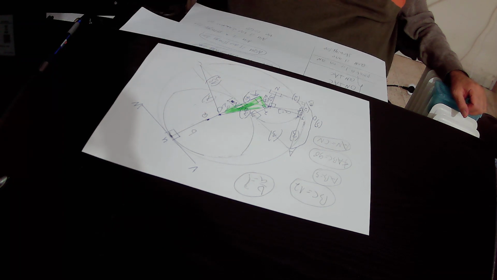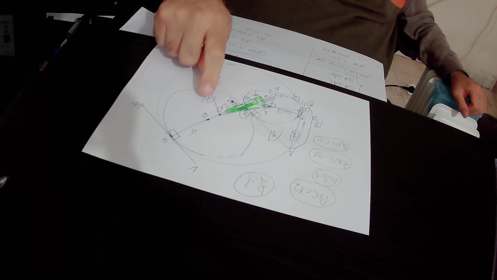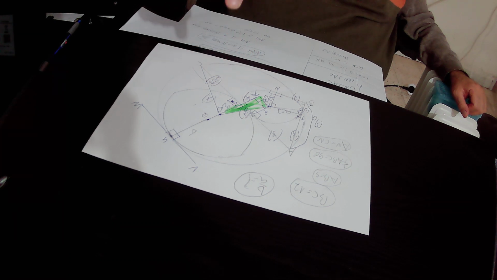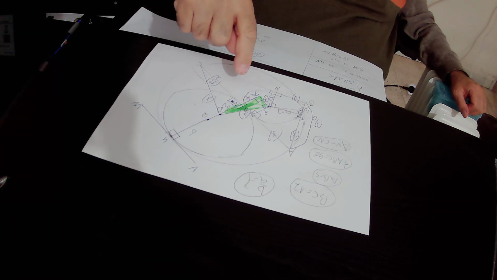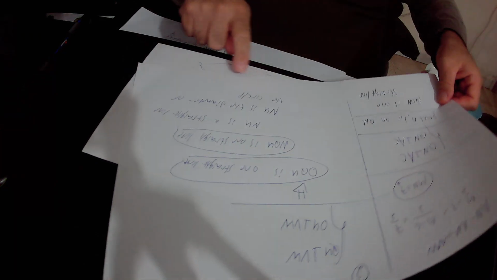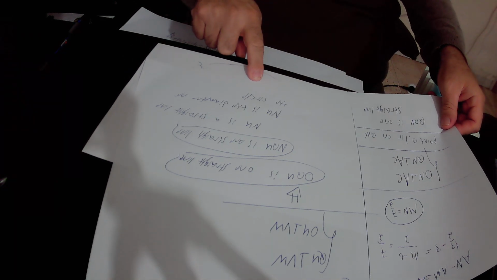And we know that any chord that passes through the center of the circle, that is to say, point Q, must be the diameter of the circle, therefore NU is the diameter of the circle.